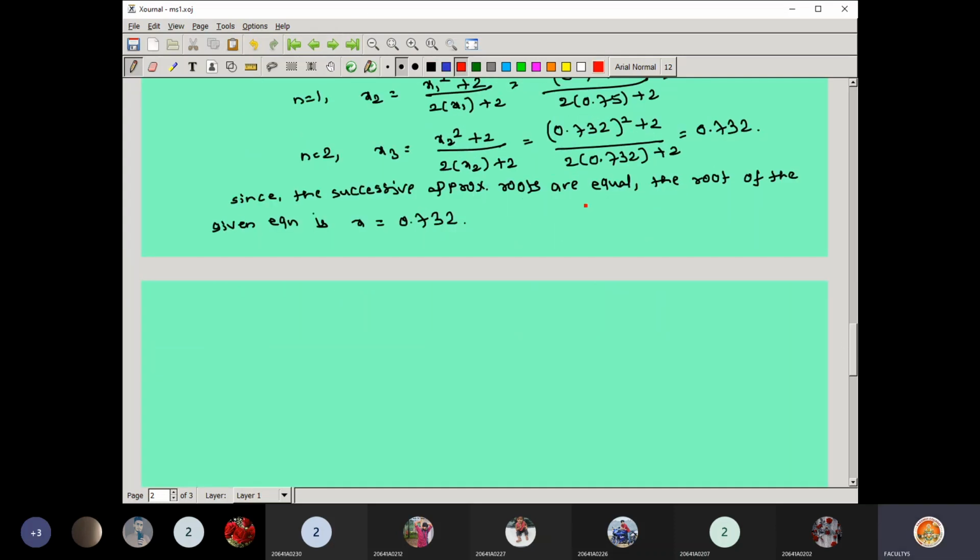Is it okay? 0.732. So I'm just giving you a problem. Find a root of, now this is your chance, find a root of 3x minus cos x minus 1 equal to 0. Is it algebraic or transcendental equation? Transcendental, right.